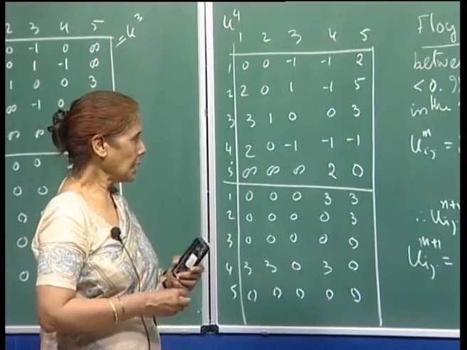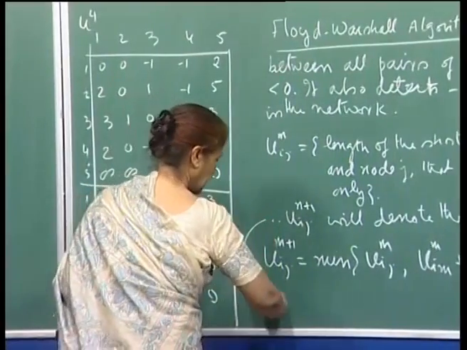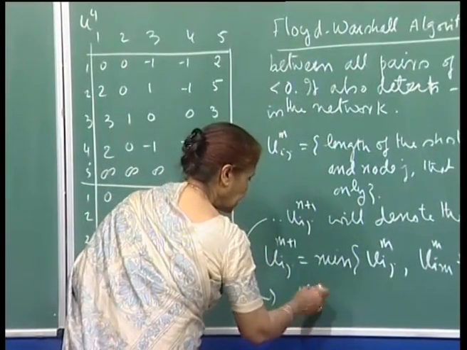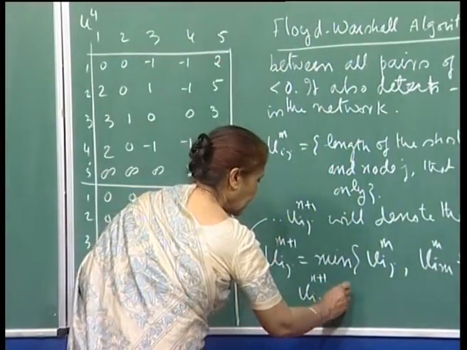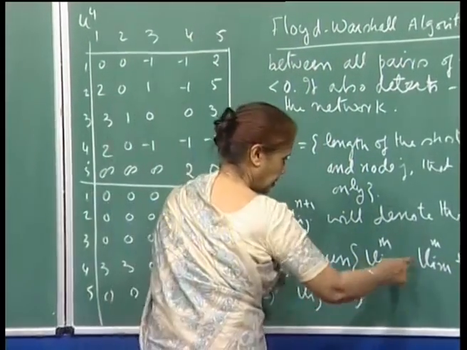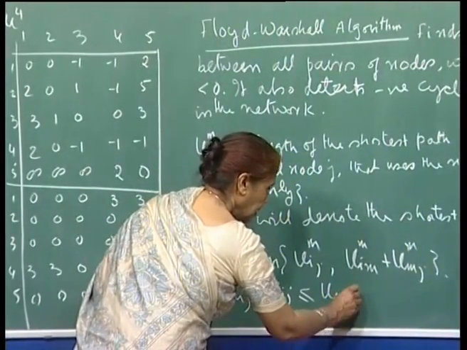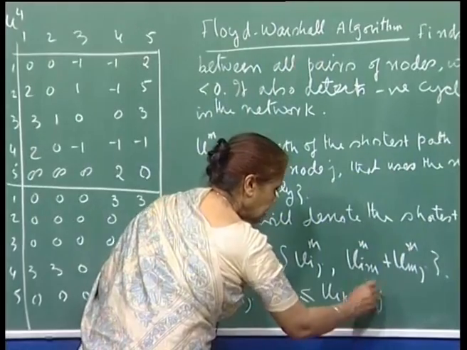So, this is the thing, and once you say that this is this, you can say that Uij n plus 1 you can now write as Uij, right, and you see that this will always satisfy uik plus ukj.